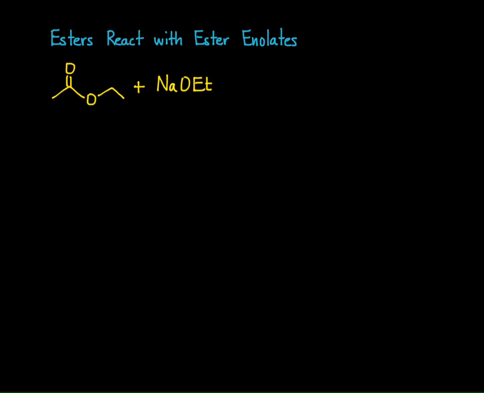Now, when these two things react, we're going to form our ester enolate. And of course, we're also going to get ethanol if we're using sodium ethoxide as our base.